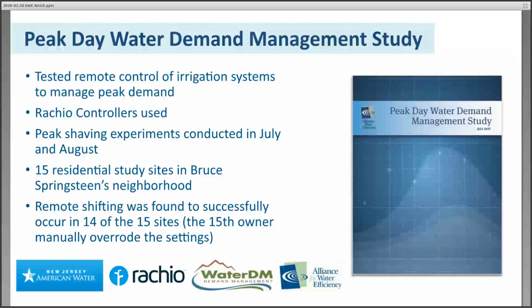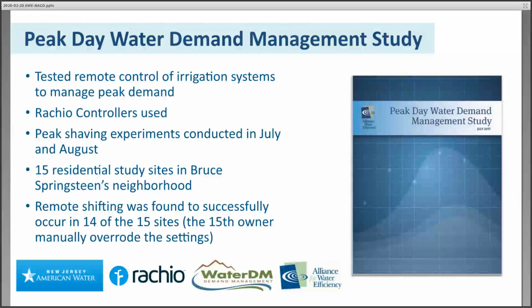So we worked with New Jersey American Water, a company called Rachio, which makes smart controllers, Water Demand Management, which is a research firm, and the Alliance for Water Efficiency to look if the water utility could take control over residential irrigation systems and turn them off during times of these heavy peak events.